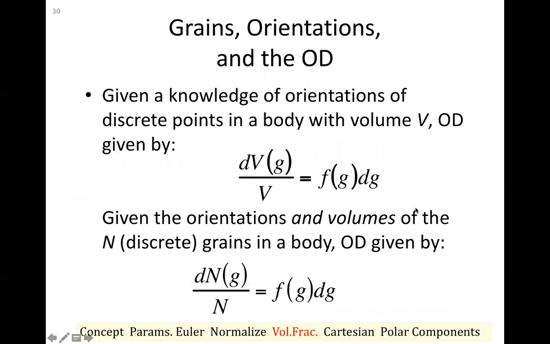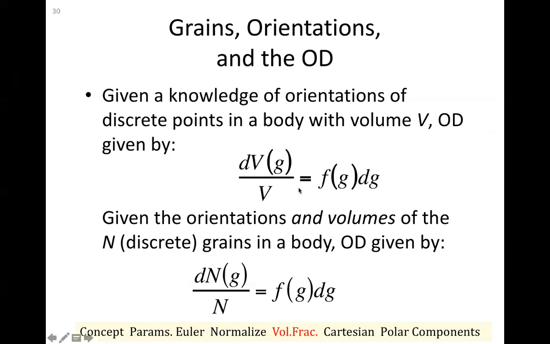But this allows us to give a sort of working definition to the ODF. Our ODF, our orientation distribution function, is f of g times dg, some small neighborhood about g. So if I evaluate this for an orientation and some small neighborhood about that orientation, it gives me the probability, the volume of grains in my sample that have that orientation divided by the volume of my entire sample.